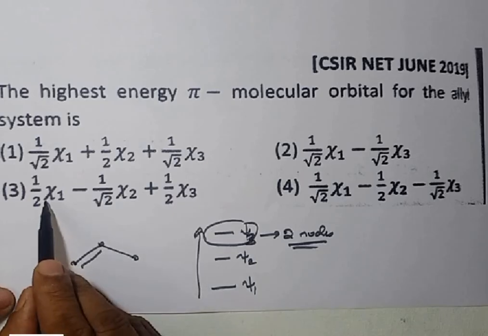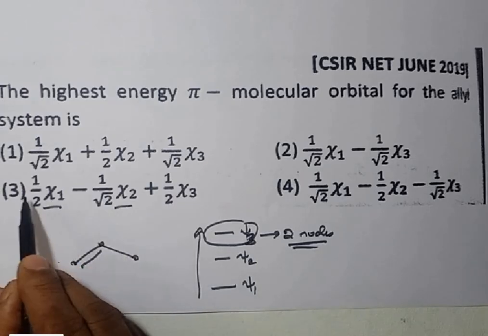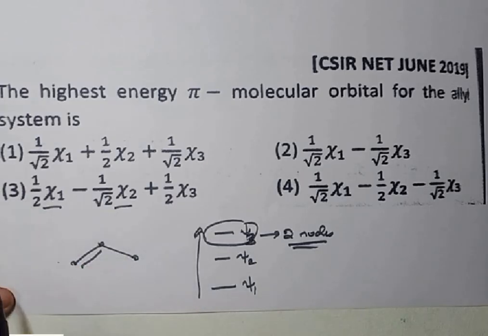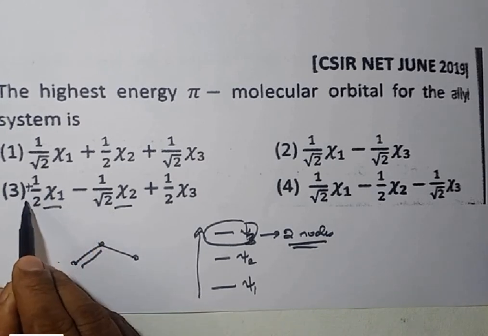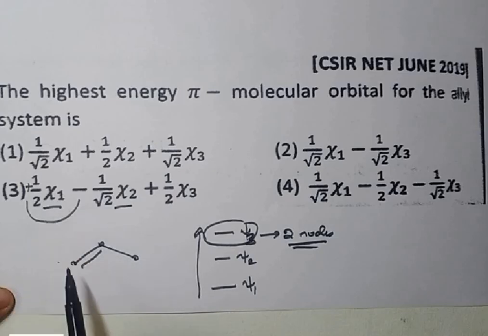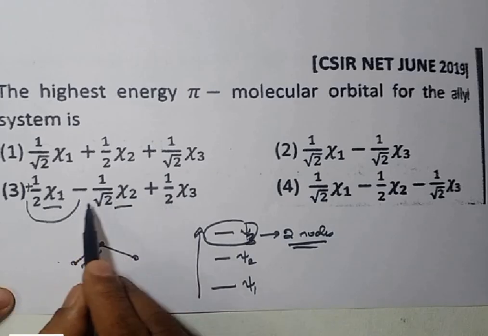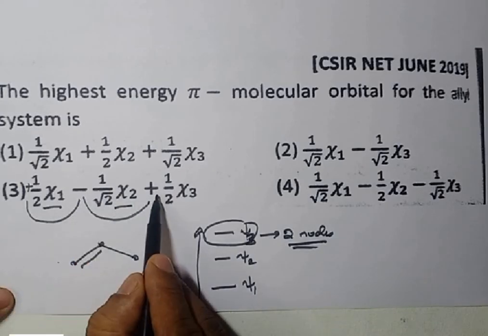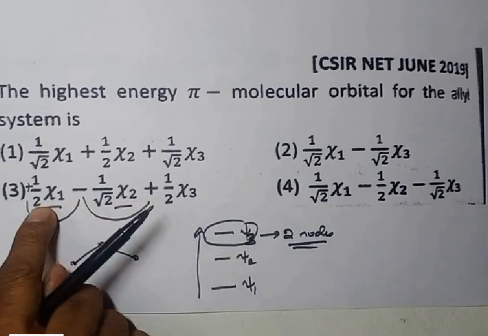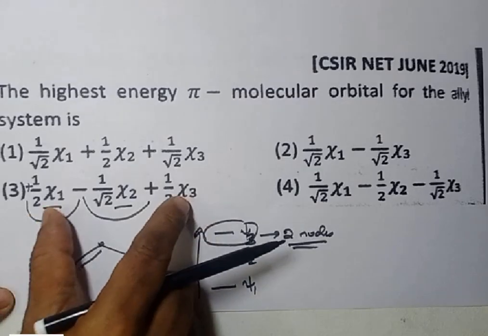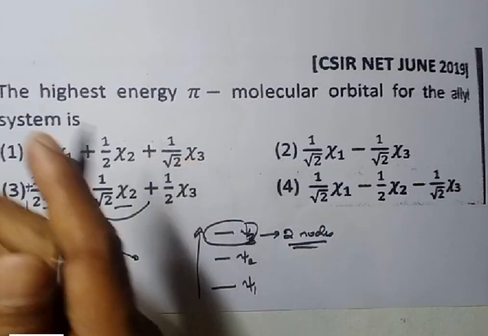So between carbon 1 and carbon 2 there should be a node. If we move from here to here, in option 3, I have plus here and minus here, so there is one node. Then from the second carbon to the third carbon, the sign changes again, so I have one more node. So the third option has 2 nodes. In the first option, no node.